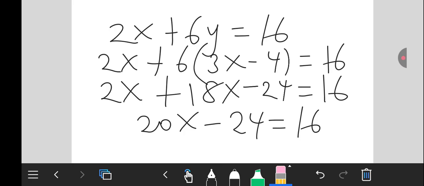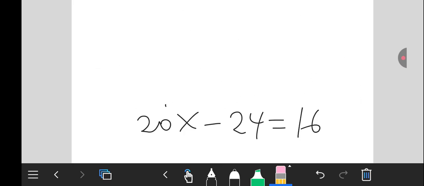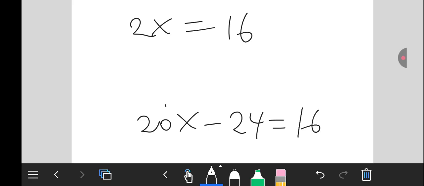Then let's solve this. So 2x is equal to 16, and when the negative 24 goes to the other side, it will become positive 24.